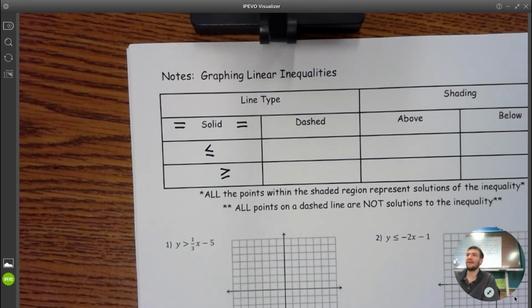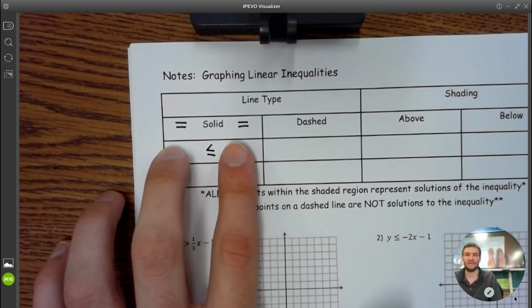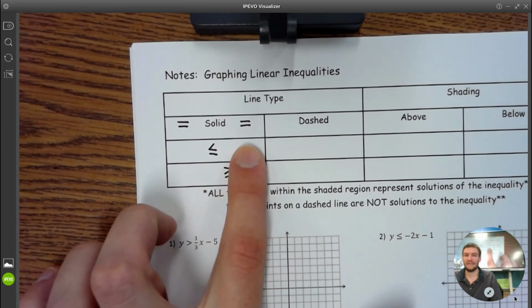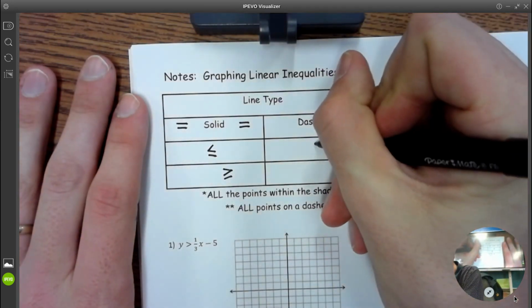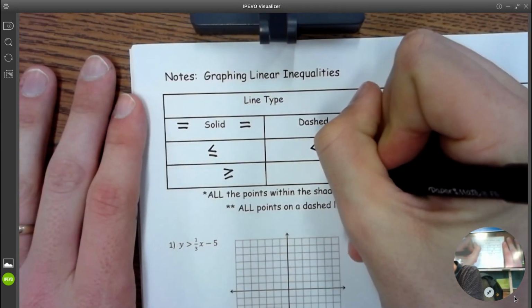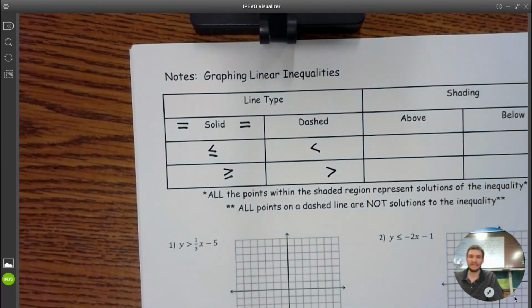The students in my class were getting pretty good at that. They didn't have to look at the chart every time because they remembered that solid lines have equal signs. That means the dashed lines just do not. If you got an equal sign, you're solid. Otherwise, you're going to end up being dashed.